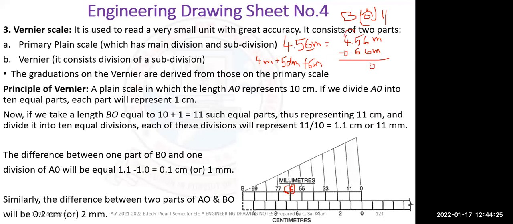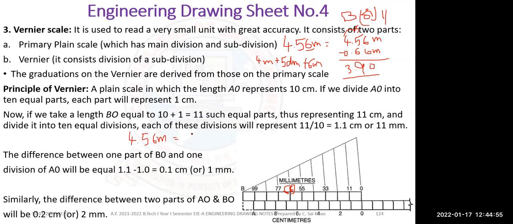Then 45 minus 6, 15 minus 6, 9 and 3. So from the main scale you have to take 3.9 meters, and from the Vernier scale you have to take 66.